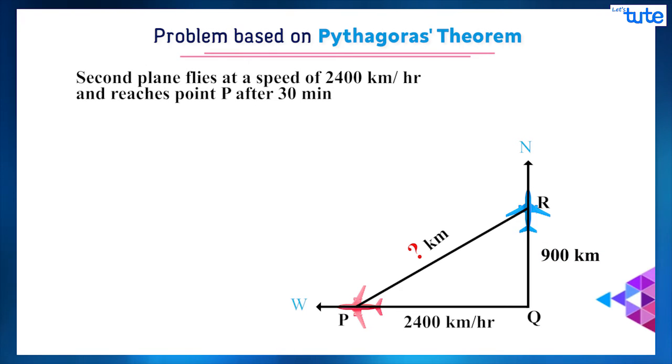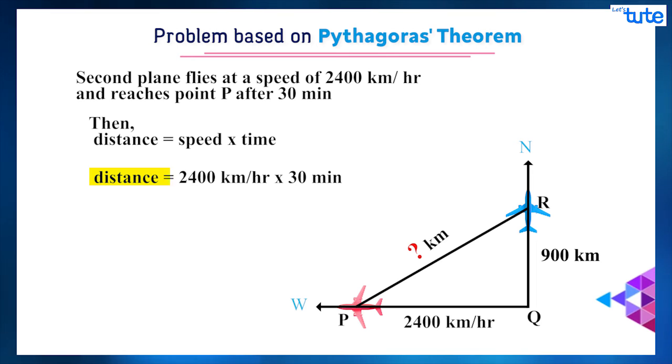Similarly, the second plane flies west at the speed of 2400 km per hour and reaches point P after 30 minutes. Then, by using the formula distance is equal to speed into time, we can say that distance is equal to 2400 km per hour into 30 minutes.